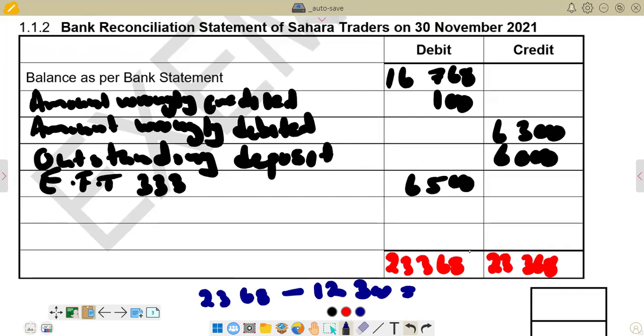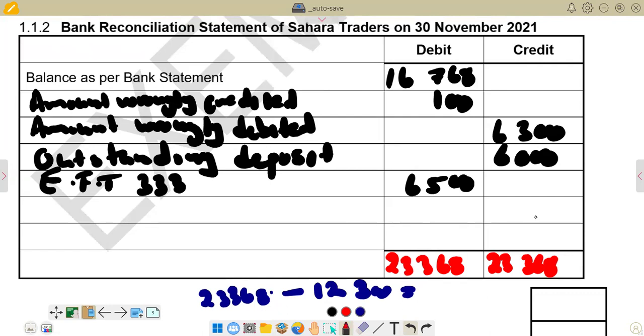We can just try to maybe calculate it. Here you're saying 23,368 minus 12,300, you're going to get 11,068.